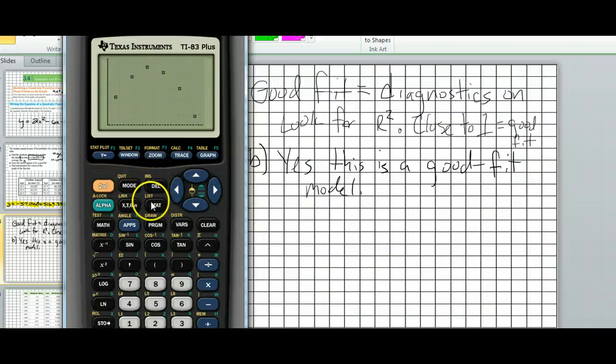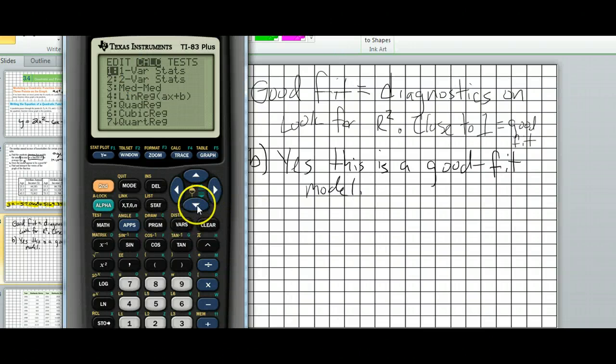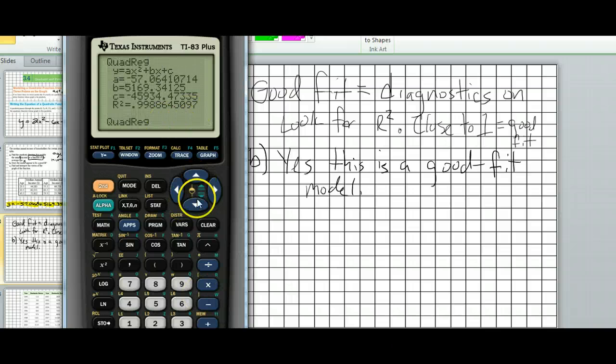Then if we run the quadratic regression again, this time I'm going to tell it to graph it by pressing the vars button, scrolling over to yvars, pressing enter for function, and then highlighting option 1 for y1.